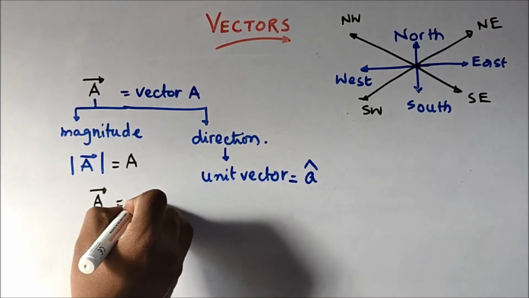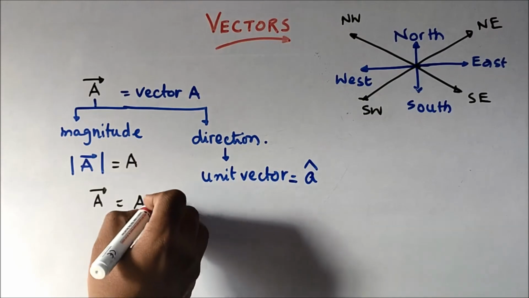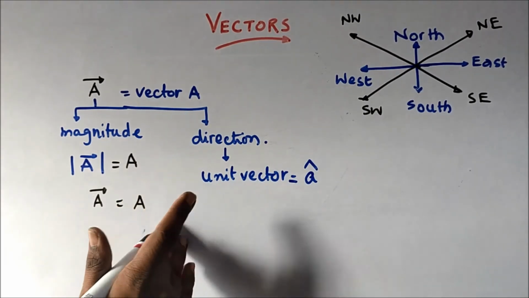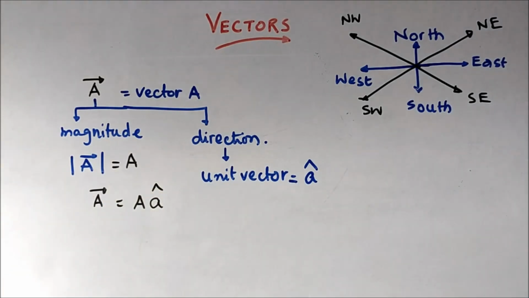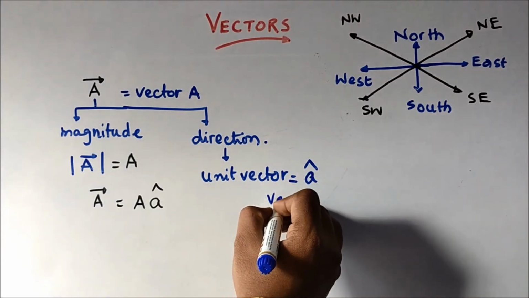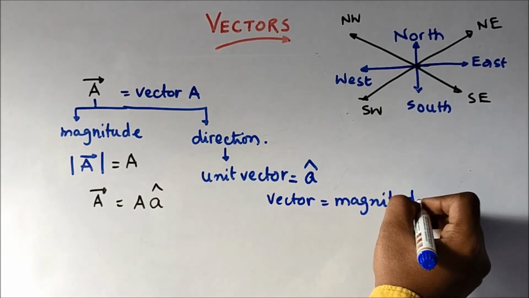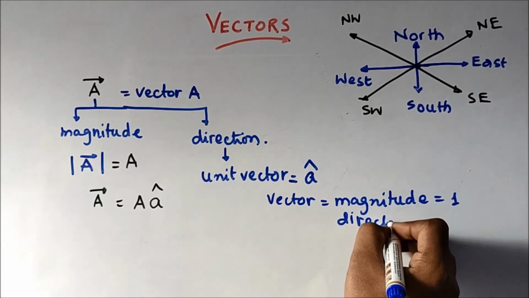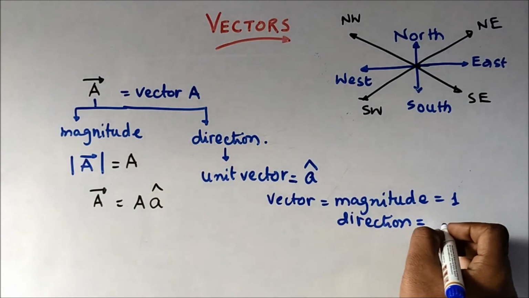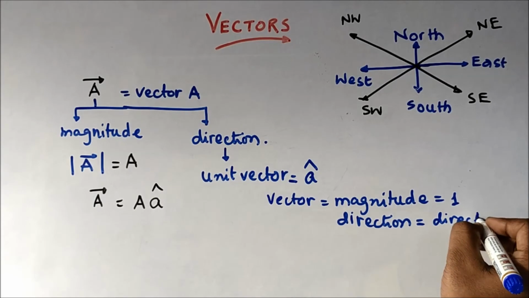So vector A has the magnitude part, and the second one is the direction part, given by the unit vector. Now what is a unit vector? A unit vector is a vector with magnitude equal to 1, and direction is the direction of the vector.